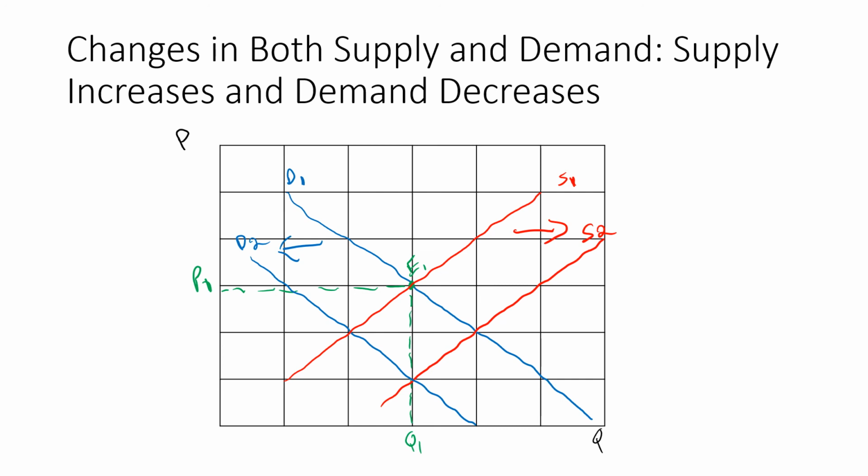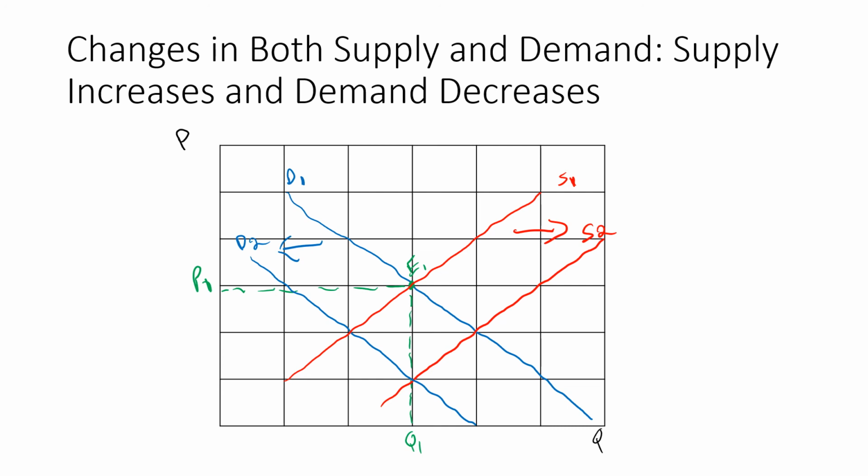Now I did choose intentionally to draw these changes equal to each other. We could have some unknowns depending on how much one changes. But when one increases and one decreases, we usually have a situation like this.